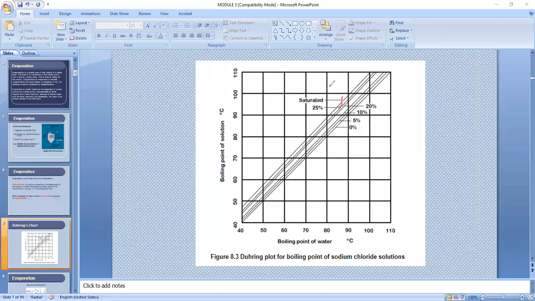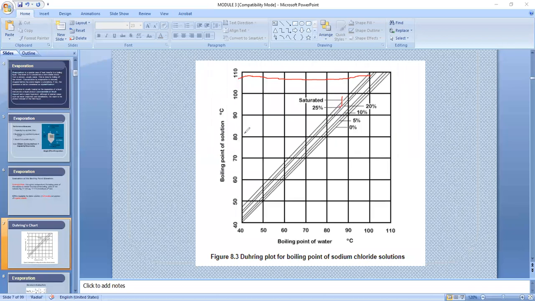Let's say for the indicated pressure in your feed, this would be the boiling point of water. You go up until you reach the line corresponding to 25% solids, and you read the corresponding boiling point of your solution here.